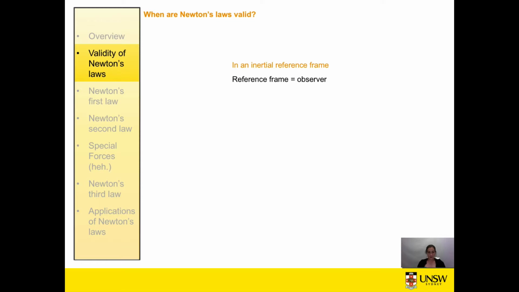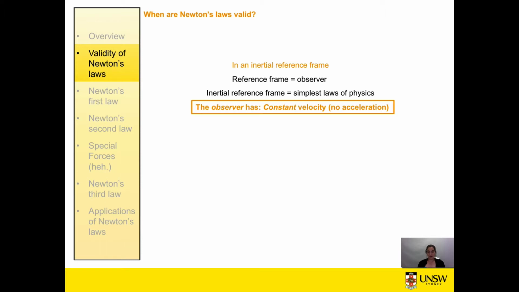So if the observer is stationary, you have a stationary reference frame. Likewise, if the observer is moving with a constant velocity, your reference frame is moving with a constant velocity. And in an inertial reference frame, we want the simplest laws of physics that we can have for that given situation. So the definition of an inertial reference frame is one in which the observer has no acceleration.